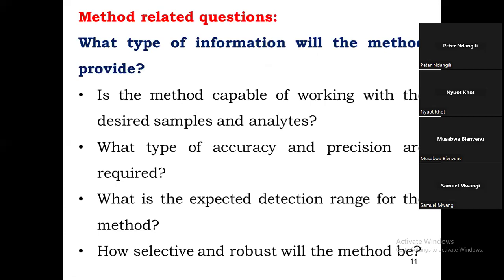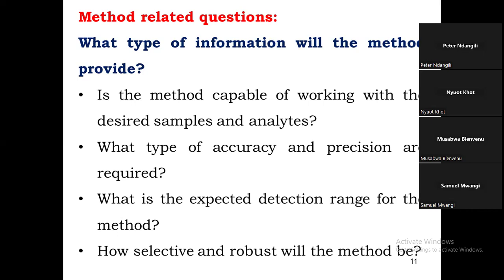Then you go specifically and ask yourself some sub-questions, and these sub-questions may include, is the method that you have chosen capable of working with the desired samples and analytes? What type of accuracy and precision is required? What is the expected detection range for this particular method?